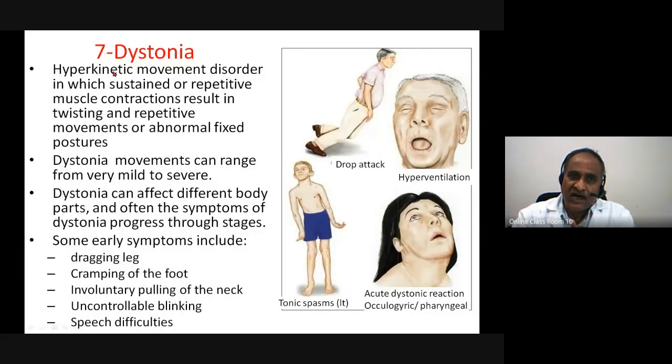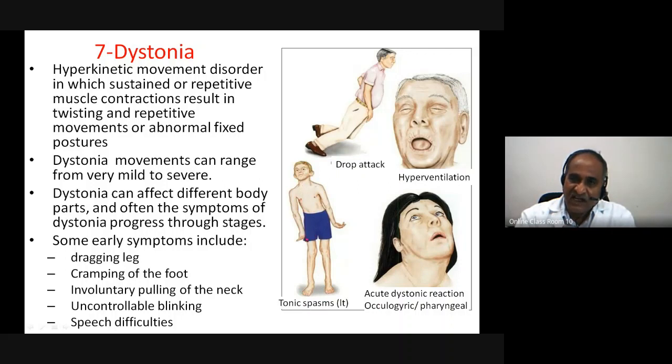As the dystonia, it is a hyperkinetic movement disorder in which sustained and repetitive muscle contractions result in twisting and repetitive movements and abnormal fixed postures. Here he drops down. Here there is a tonic spasm of the left side.